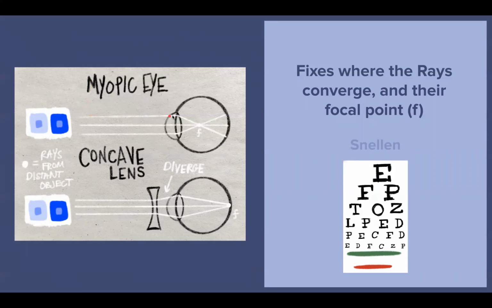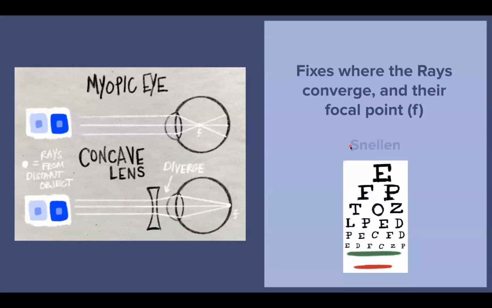These light rays are entering the eye, and then they focus at a point that is well before the retina, and that means that the retina is receiving blurred images and blurred information about the light because these are not focusing at a point that is on the retina. Therefore, the concave lens actually fixes this by slightly refracting these rays, and then they can focus on a point that is on the retina.